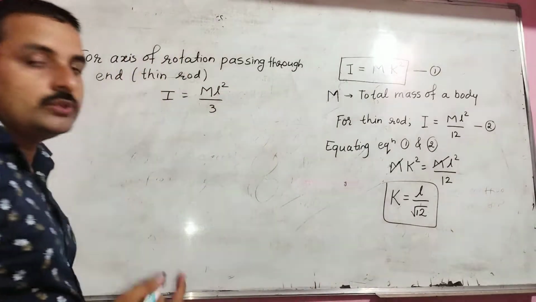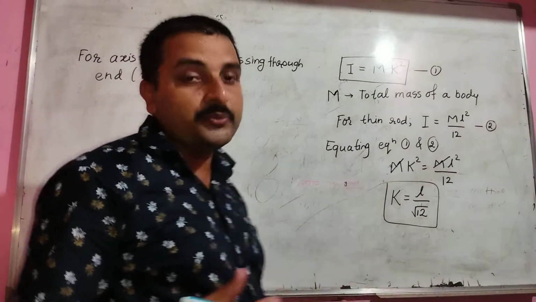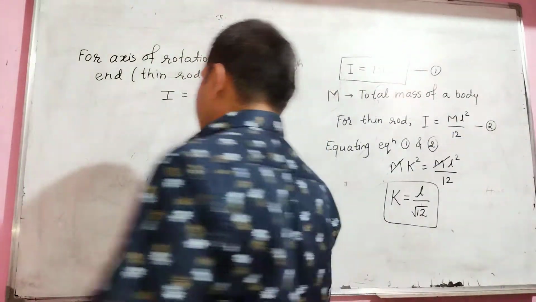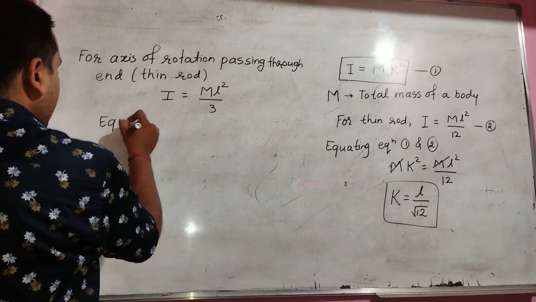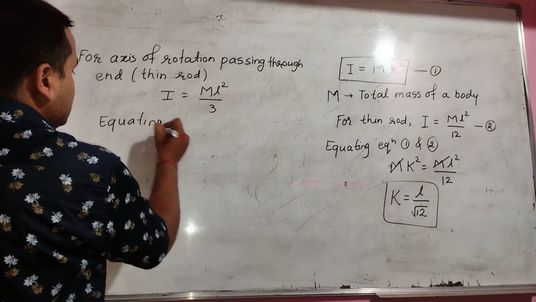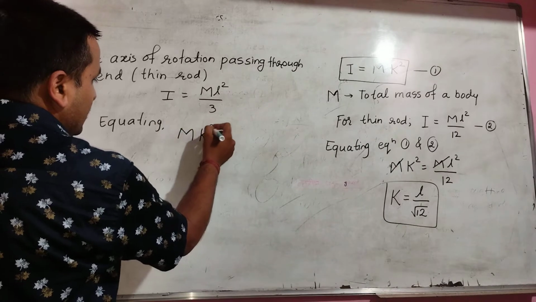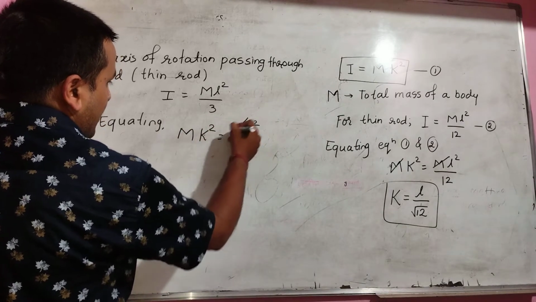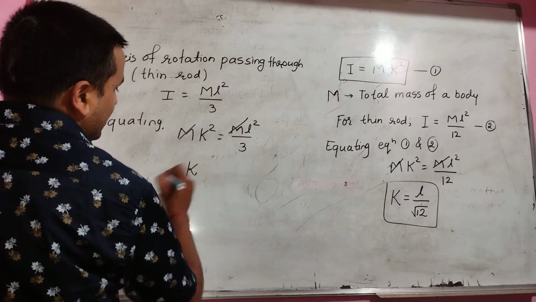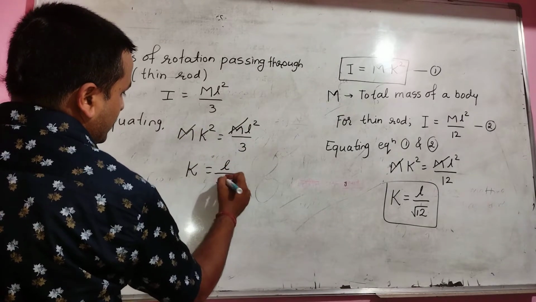Again we equate them, so we get M K square equal to M L square over 3. Again M will be cancelled, and K is equal to L over root 3.